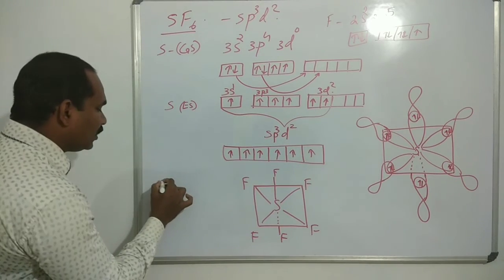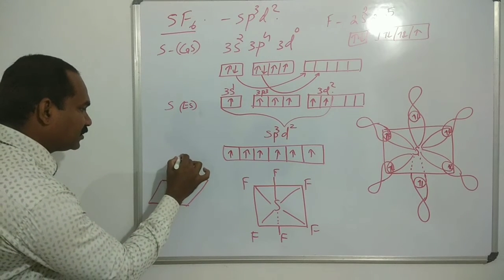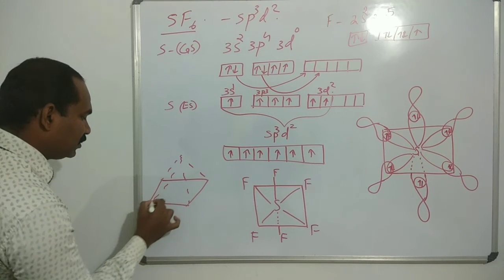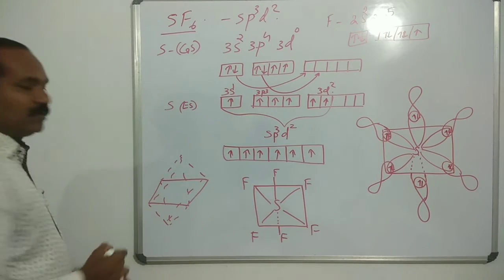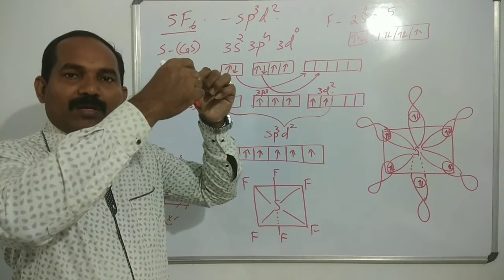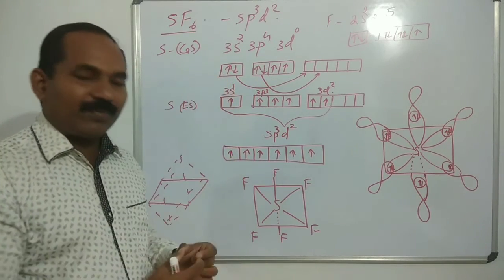By joining the apexes, we get an octahedron. The square, by joining the four corners to one point, one apex, the other below.